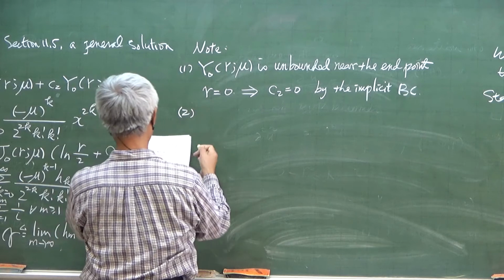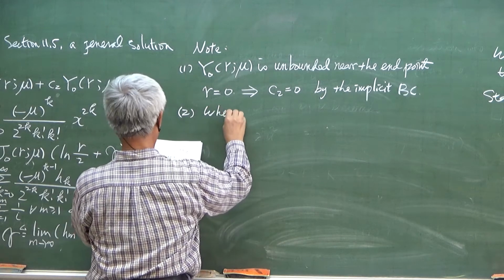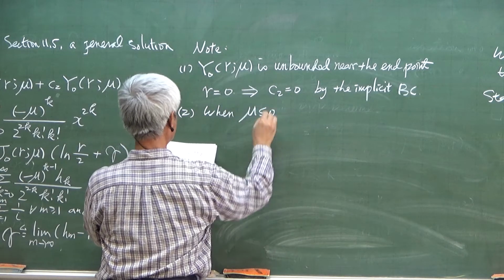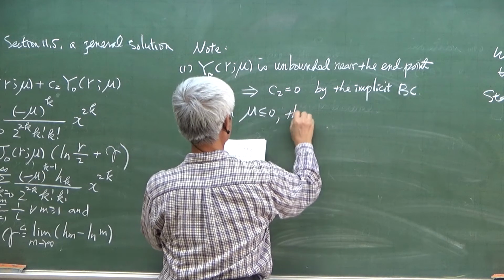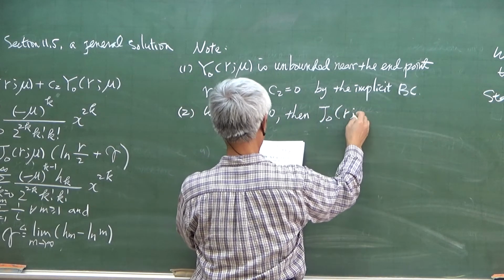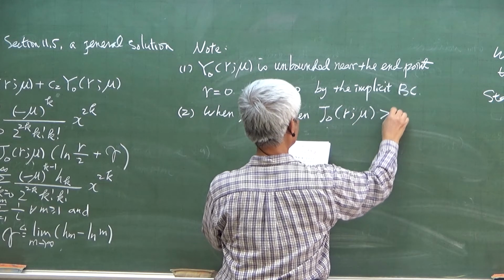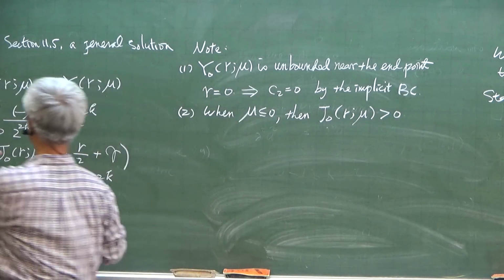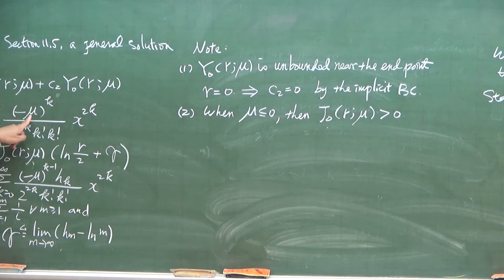The second thing is that when mu is less than or equal to 0, J0 will be greater than 0.